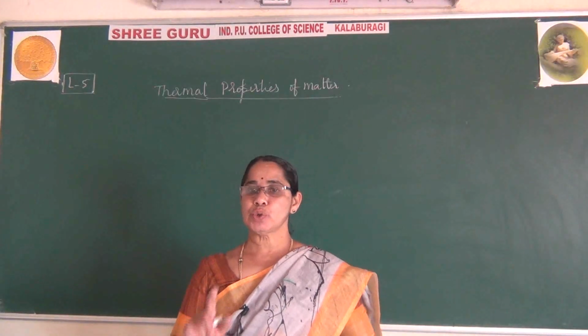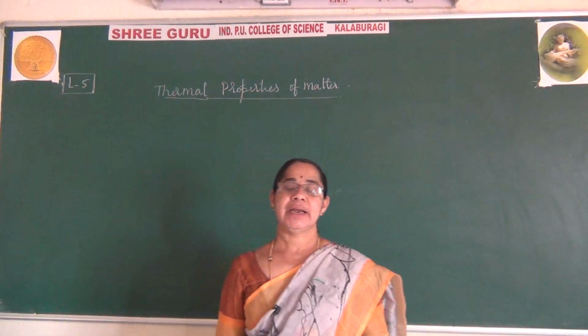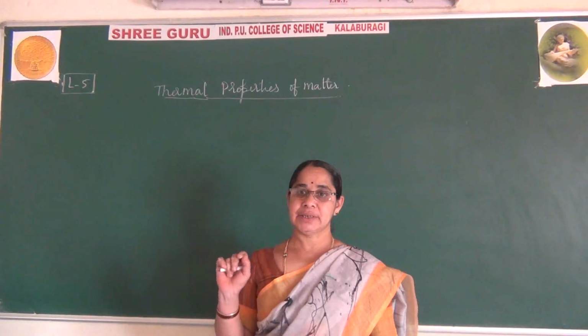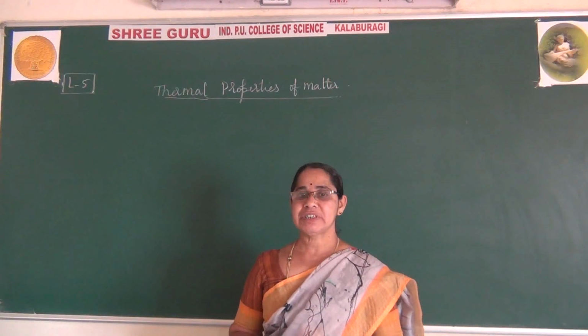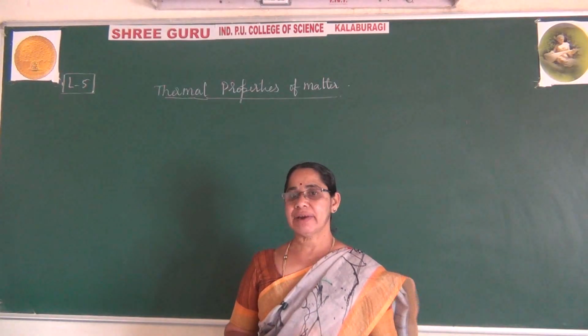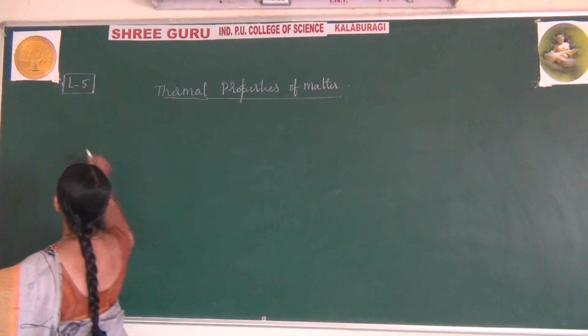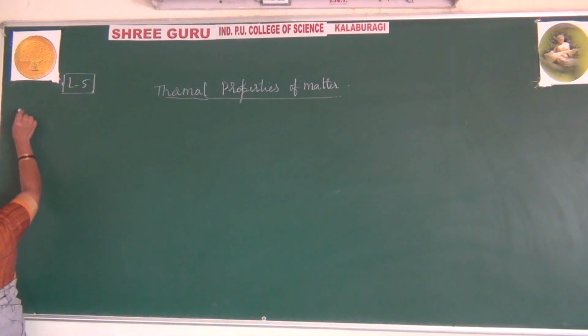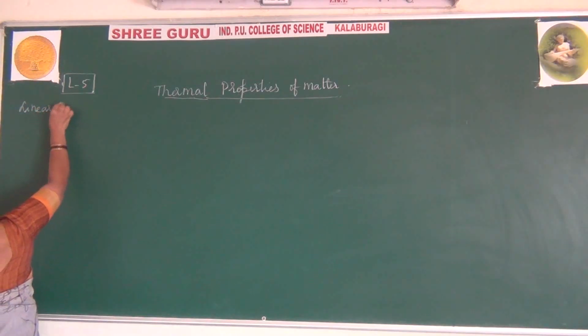Using those two steps I have written the formula. With the help of that, you can easily extend to superficial expansion as well as volume expansion. So first let me write the change in length for the linear expansion concept.